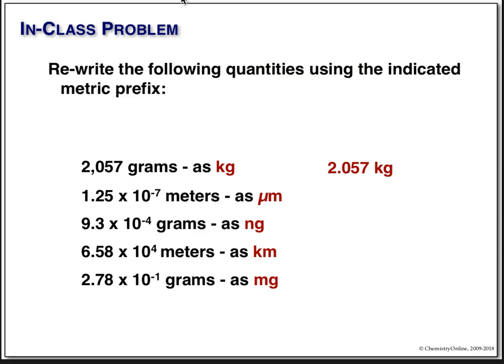Well, let's do the next one. Meters and micrometers. Remember, micro is 10 to the minus 6. Well, meters to micrometers. 1 micrometer, 10 to the minus 6 meters.